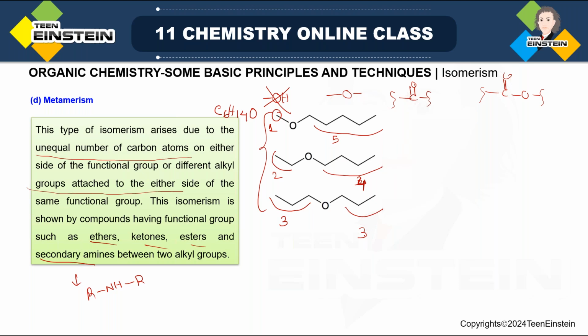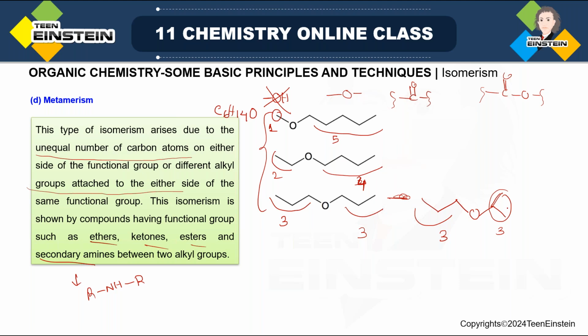But sometimes it may be the same number of carbon, but still there is some difference. For example, suppose this molecule, I'm keeping the same number of carbon. I'm not disturbing the left hand side, see, I have not disturbed it. But on the right hand side, instead of writing a simple linear chain, I am doing some branching like this, which is also 3 carbon. And on this side I haven't changed anything. So 3, 3, this is also 3, 3. But still there is some branching, so the alkyl group is different.